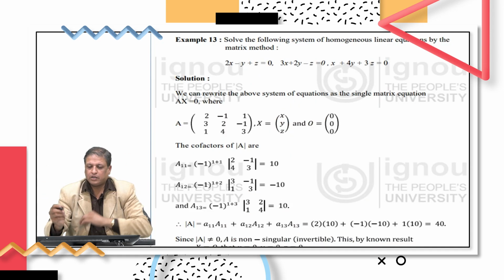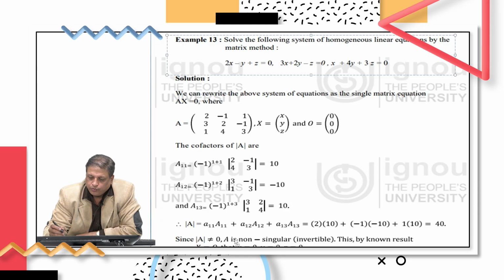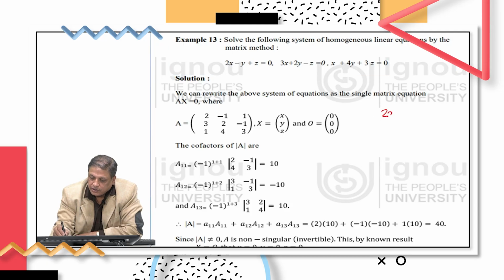Now, applying this understanding to solve a system of homogeneous equations, we are given three equations: 2x minus y plus z equal to 0, 3x plus 2y minus z equal to 0, and x plus 4y plus 3z equal to 0.